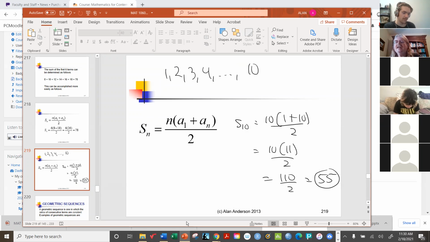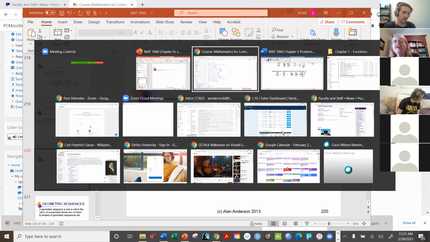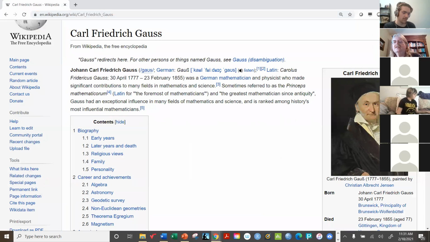Now, that leads us up to a wonderful historical anecdote from math history. We're going to introduce you to a very famous mathematician from the 18th century. Here he is, Carl Gauss. Now, of course, he's one of the great mathematicians in history. It was obvious at an early age that he was a genius.